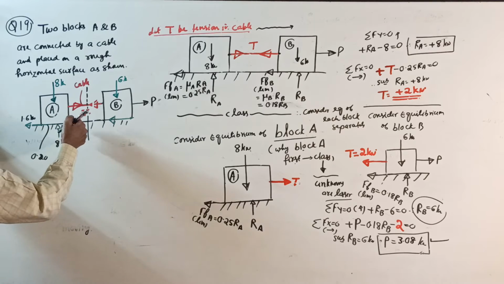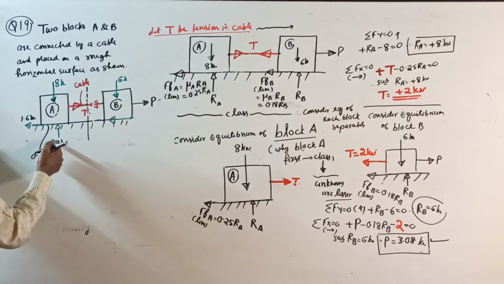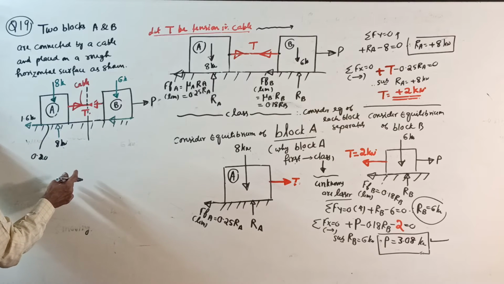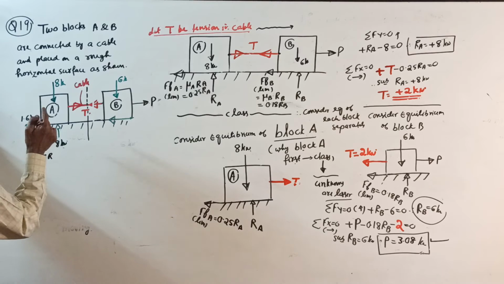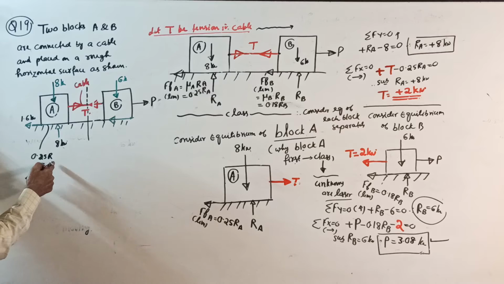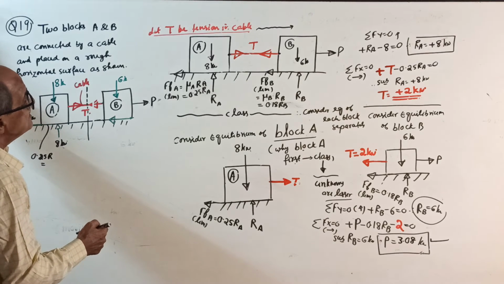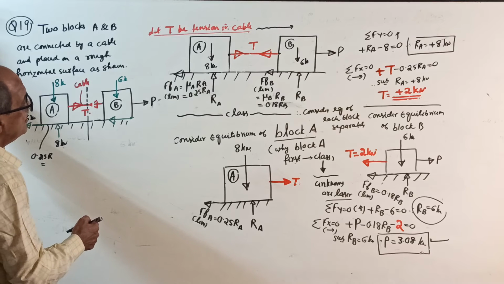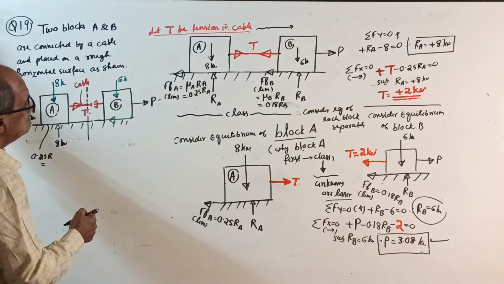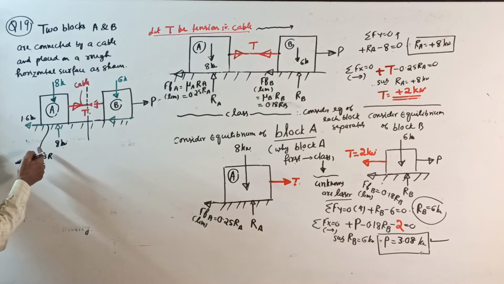Where did I start now? It is 0.25, I think. Oh, it is 0.25 R. 8 kilonewton down, 8 kN up.